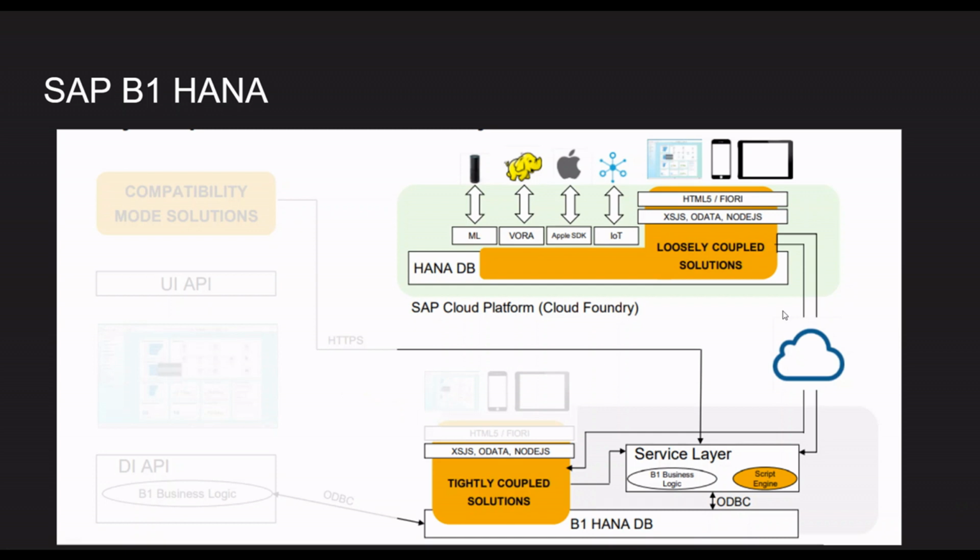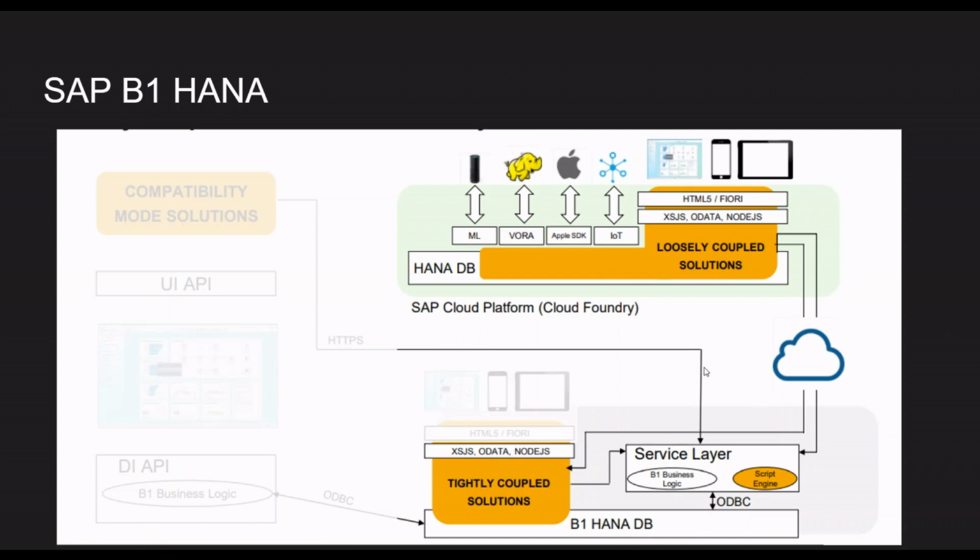If you take a closer look at the loosely coupled model here, it is basically the SAP Cloud Platform, which runs and interacts with SAP Business One using the Service Layer technology. This kind of solution is completely independent from the SAP Business One life cycle, right?